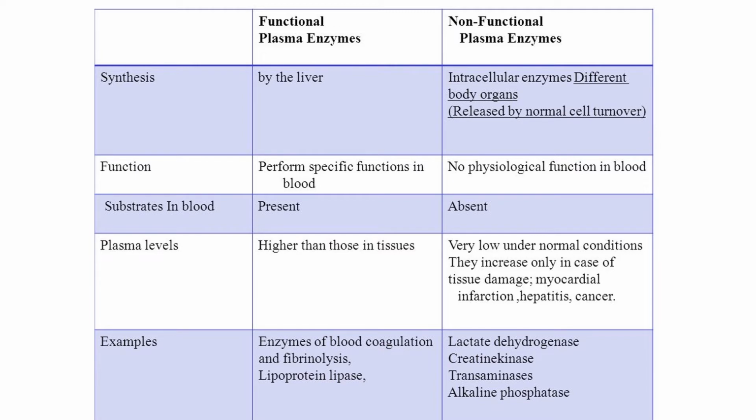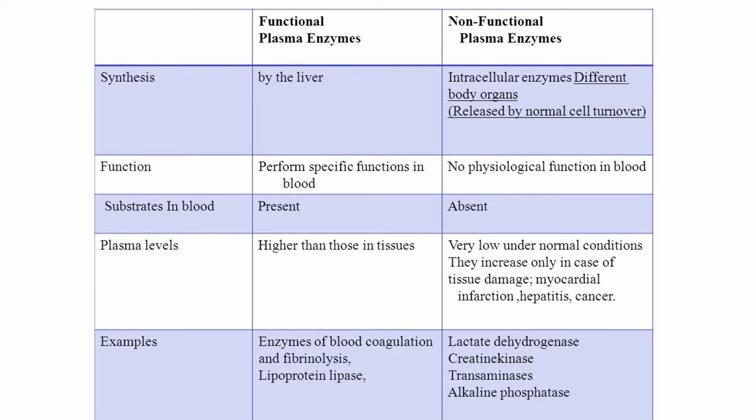Now, if you recall, while discussing the properties of the isoenzymes, one of the factors we mentioned is that they are used for diagnosis of various disorders or diseases. So, for diagnostic purposes, we obtain a blood sample. We estimate these enzymes in blood, plasma, or serum, and you are very well aware of the difference of these three.